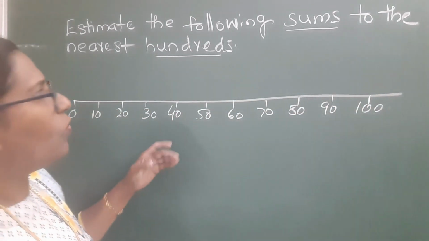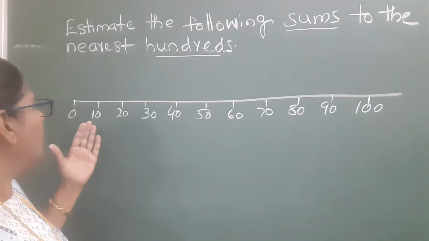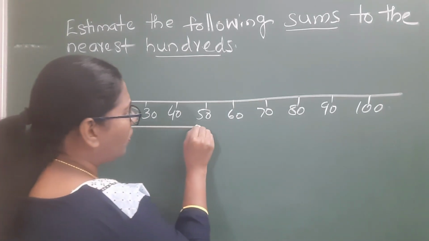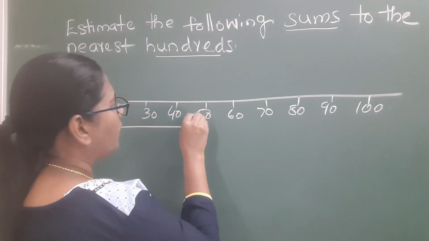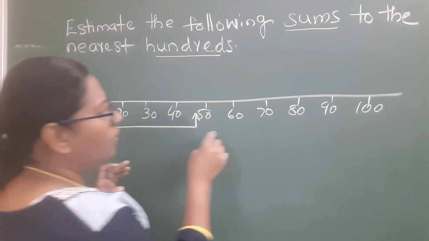Why? Because we are going to do the rounding off to the nearest hundreds. From 0 to 49, round off to 0.